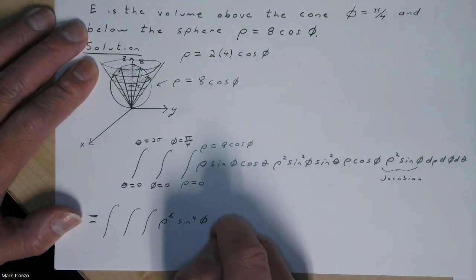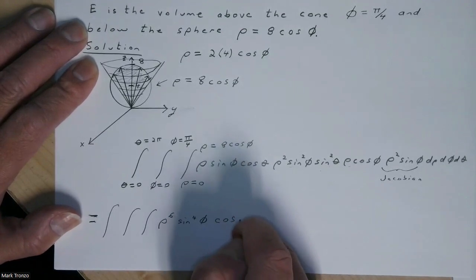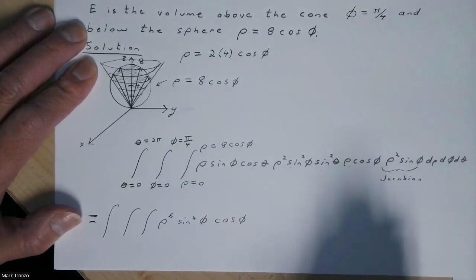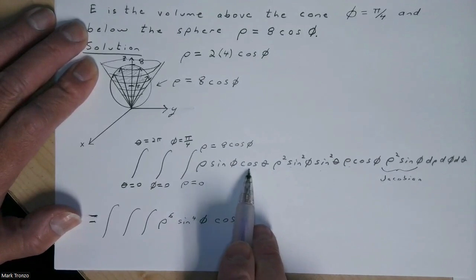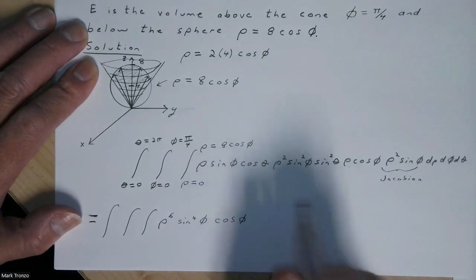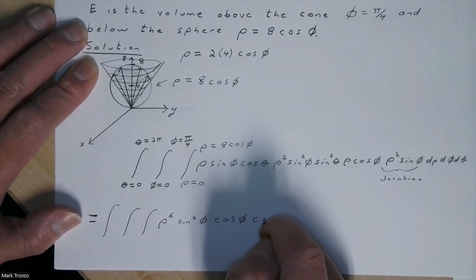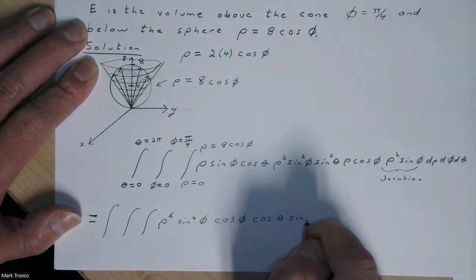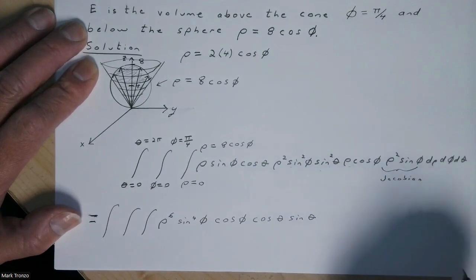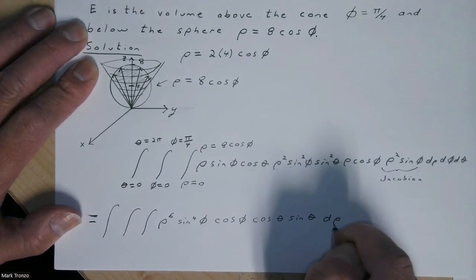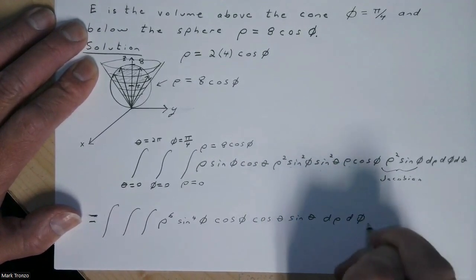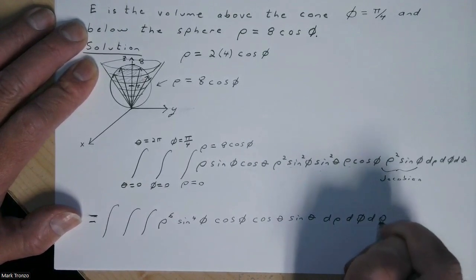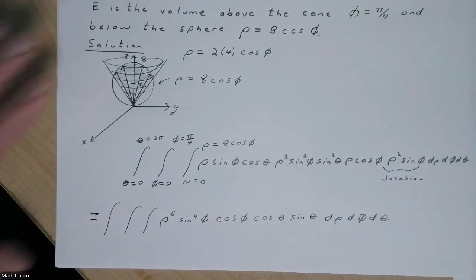Cos phi. And let's see, we have a cos theta and a sine theta, d rho, d phi, d theta, like that.